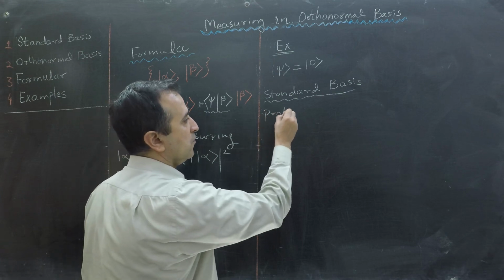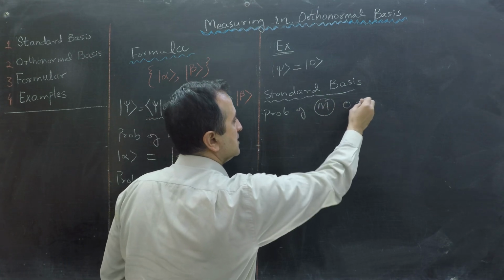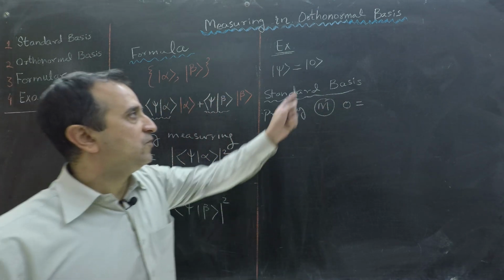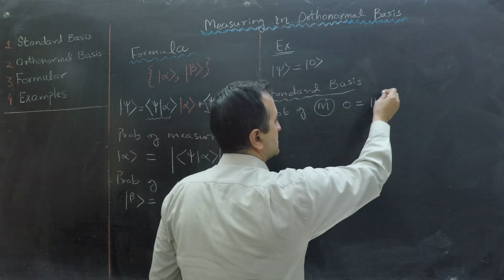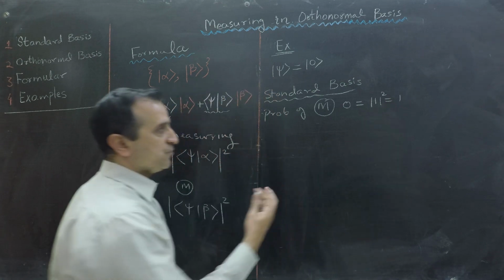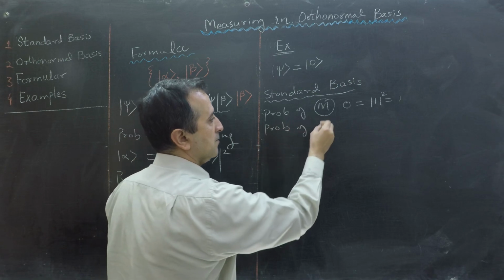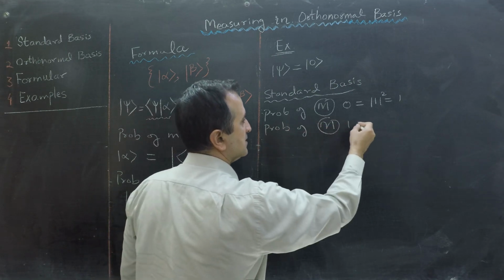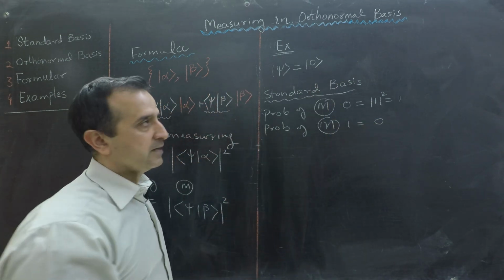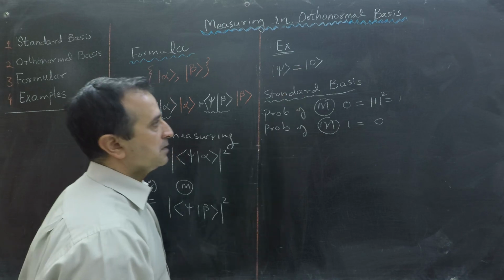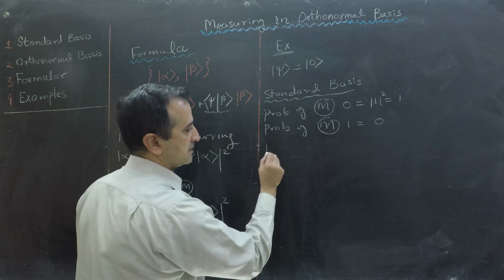The probability of measuring 0 is equal to the square of the amplitude, which is 1. So we know that 1 squared is equal to 1. So we measure 0 with probability 1. Similarly, the probability of measuring 1 is equal to 0, because the amplitude of ket 1 is equal to 0. Now we have to measure the same qubit in the Hadamard basis.